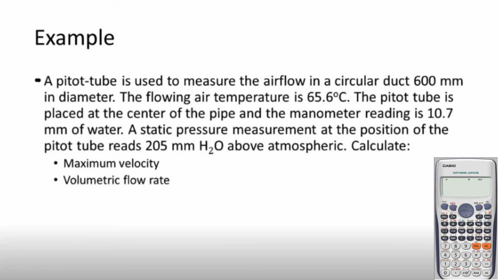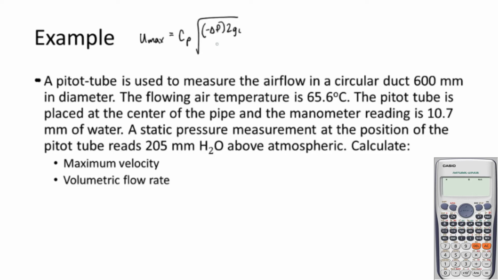First, let us recall our governing equation for Pitot tubes, that is the maximum velocity is equal to the coefficient of the Pitot tube times the square root of pressure drop, 2gc, over the density of the fluid. In this case, our fluid is a gas, that is air. The density of air can be solved by the equation PM over RT, assuming that air behaves ideally.